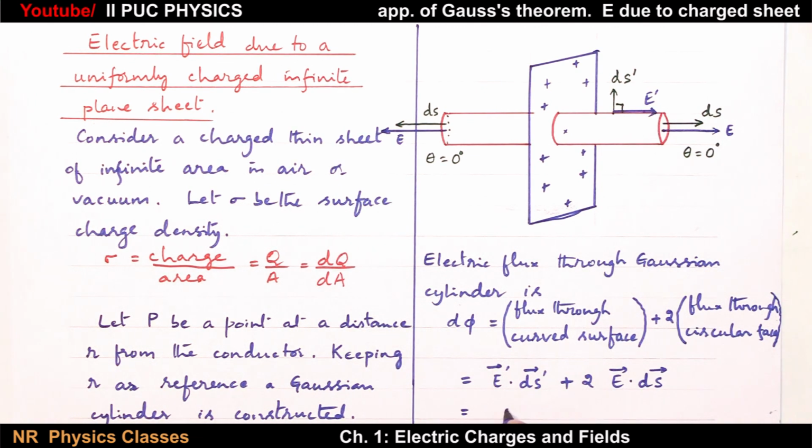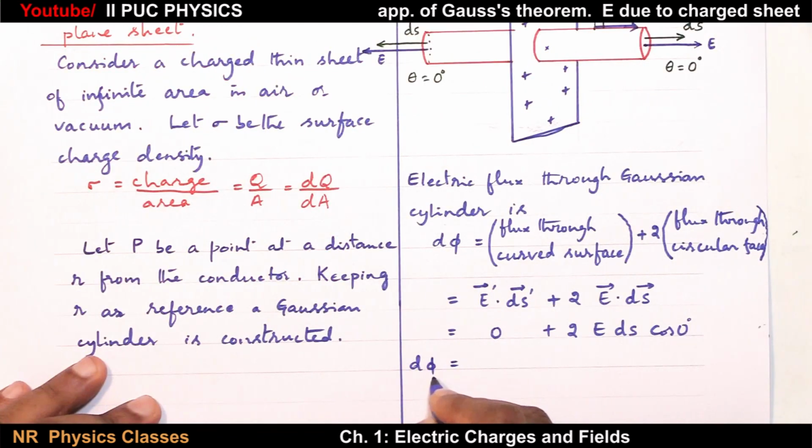This is 0 because theta is 90 degree, plus 2E ds cos 0. Cos 0 is 1. Therefore, flux through the Gaussian cylinder is 2E ds.